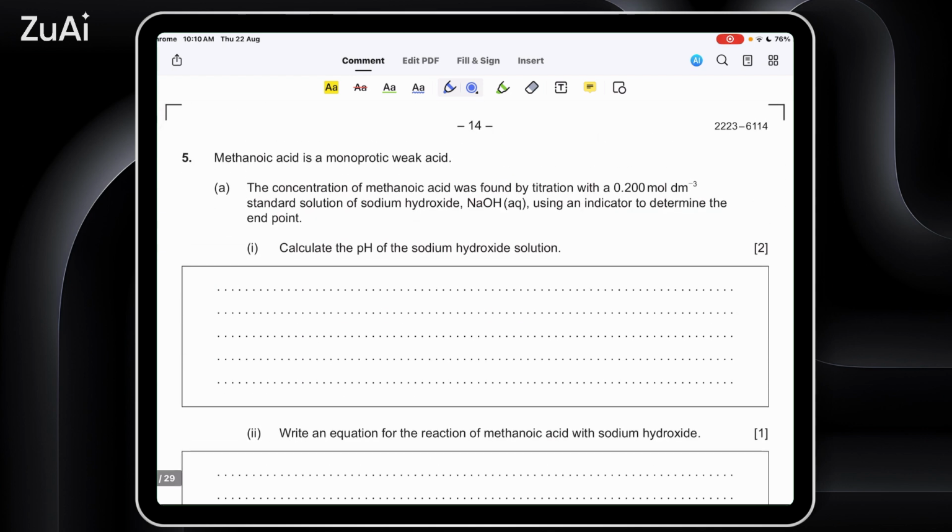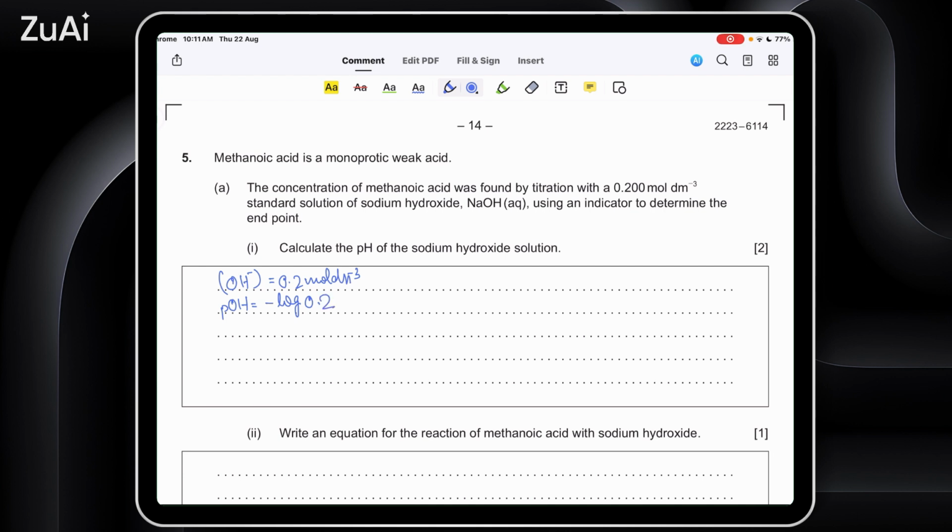Methanoic acid is a monoprotic weak acid, calculate the pH. How do we calculate the pH? We have been provided with sodium hydroxide and its concentration, which is 0.2 moles per decimeter cube. So how do we calculate the pOH? pOH is equal to negative log of hydroxide ion concentration.